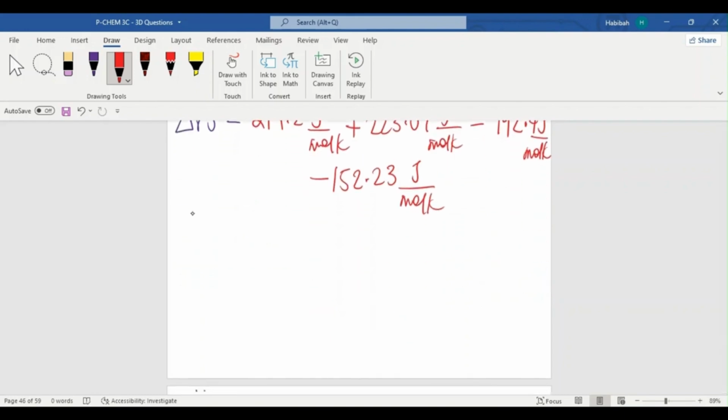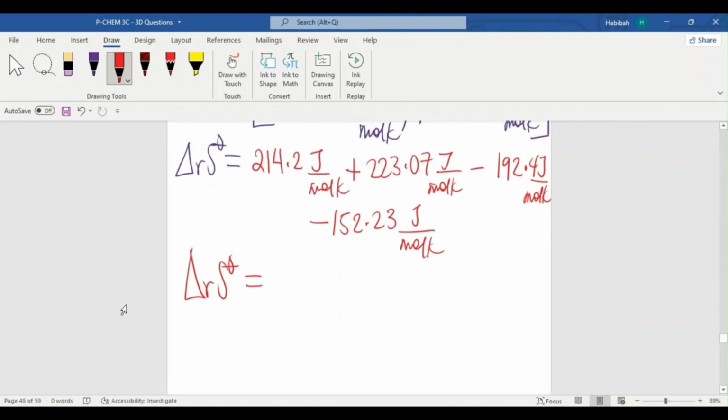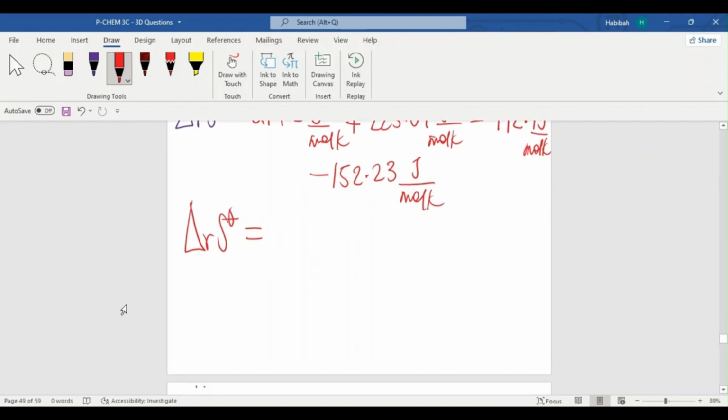When you add all of this up in your calculator, 214.2 plus 223.07 minus 192.4 minus 152.23, you end up getting plus 92.64 joule per mole Kelvin as the answer.